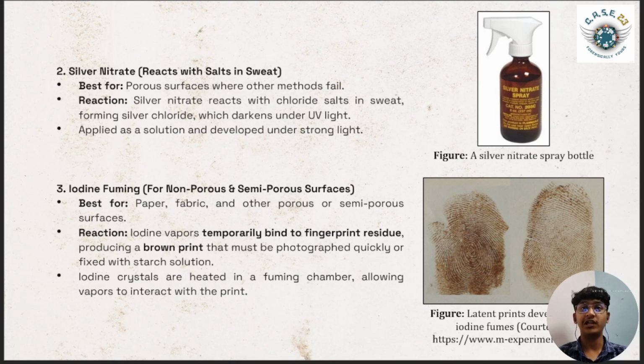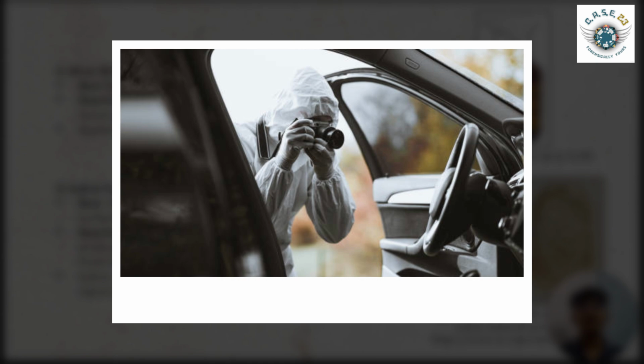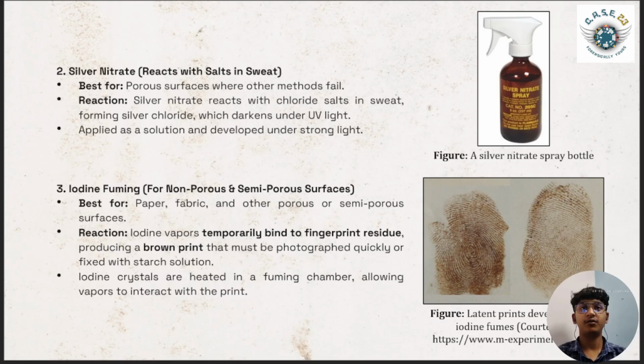It fades quickly, so the forensic scientist must either photograph it immediately or fix it with a fixing solution. So whether it's sweat, salts, or amino acids, these chemicals help forensic experts reveal hidden fingerprints where other methods fail. Science truly brings invisible evidence to life.